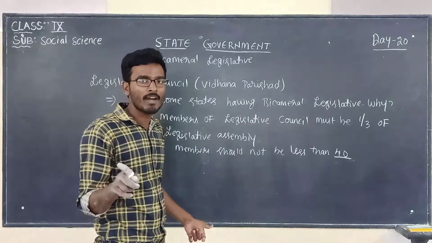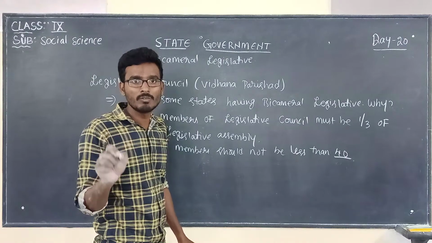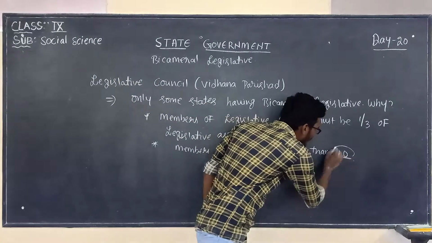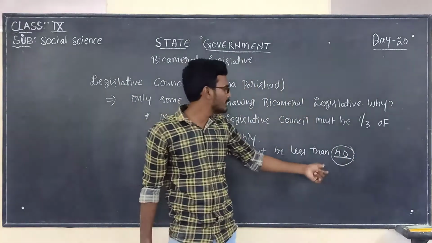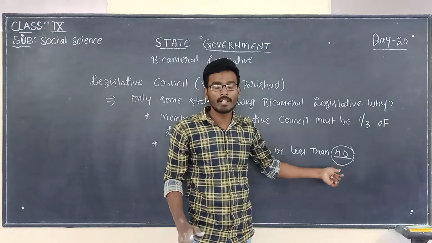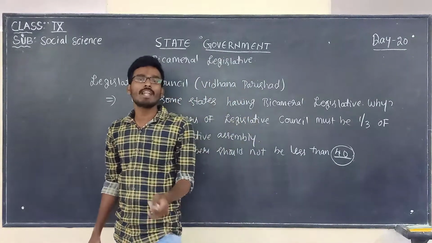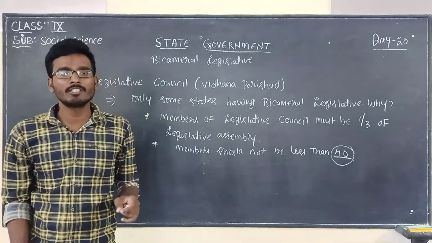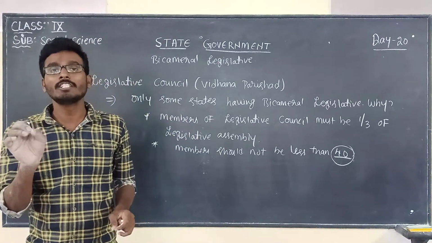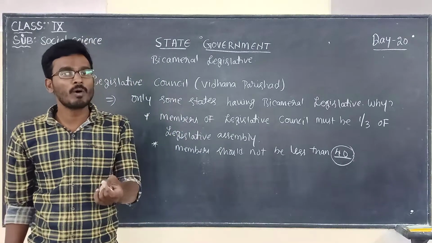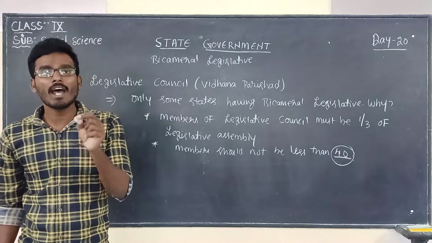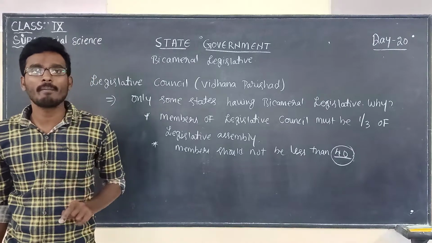And one more important factor, the members of the Legislative Council should not be less than 40. With 40 or more, they can have a Legislative Council. But if the members would be less than 40, in those states you won't find a Legislative Council, and they follow a unicameral legislature.